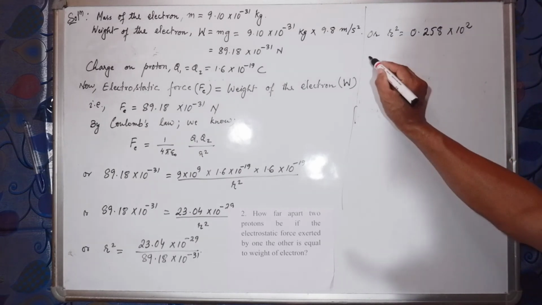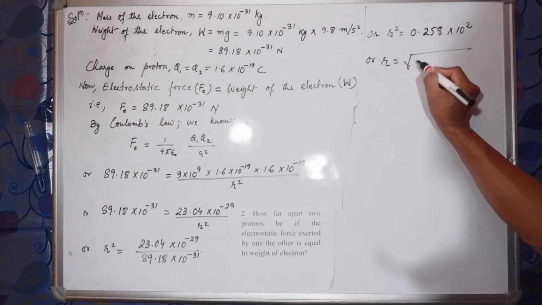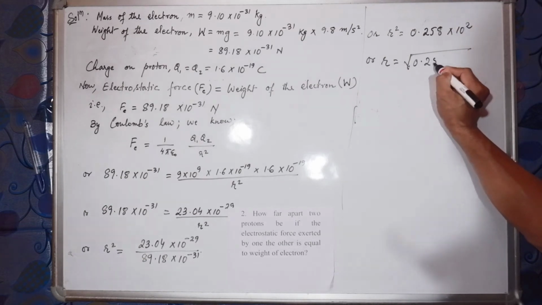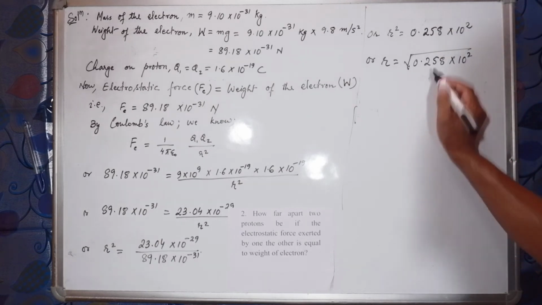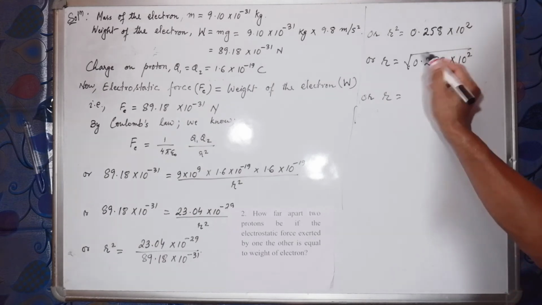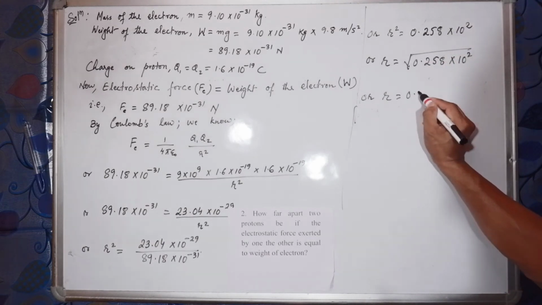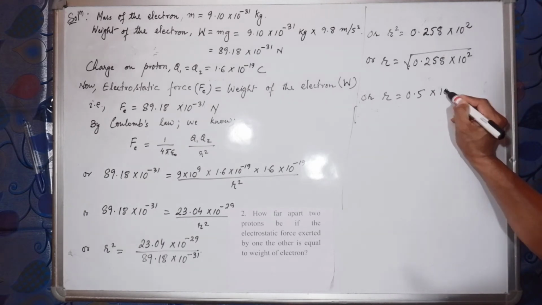So r will be equal to the square root of this value, 0.258 into 10 to the power 2. The square root of this value we get 0.5, and the square root of 10 to the power 2 is only 10.